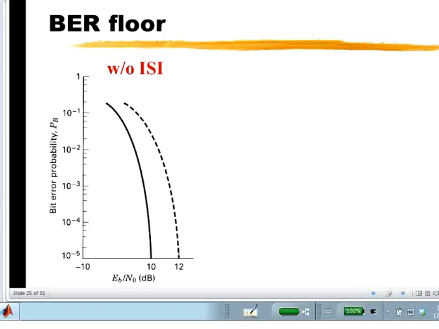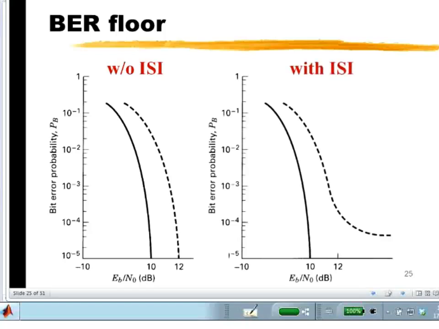Of course, there's always a limit to that, getting to nonlinear effects, etc. But just in a simple system, too much noise, I add more power to the signal. However, what happens with ISI is we create something called a bit error rate floor. I might have the waterfall shape, but then I lose it at some point.